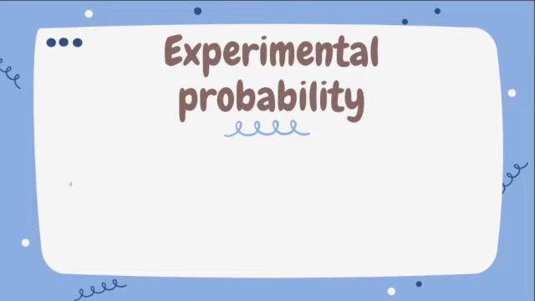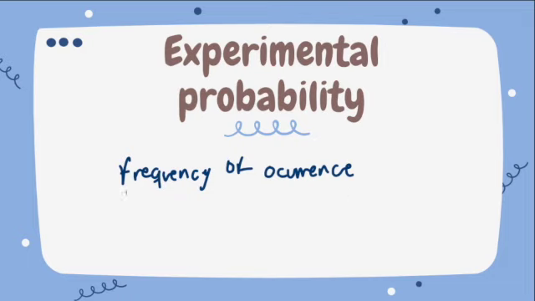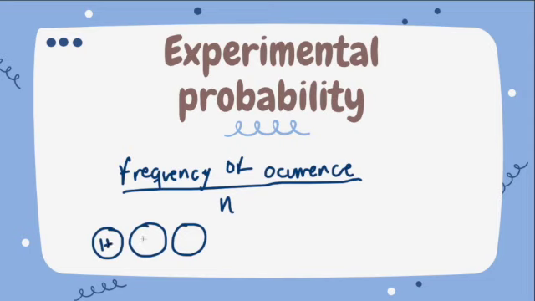The formula for the experimental probability, also known as the relative frequency, is the frequency of occurrence of the event over the number of trials in that experiment. So, in the example that we had before, when we tossed 3 coins and got head, head, and tail, n is going to be equal to 3 because we toss the coin 3 times.